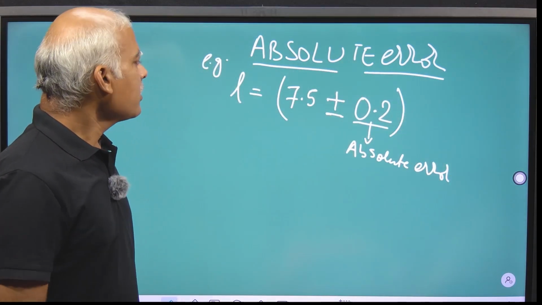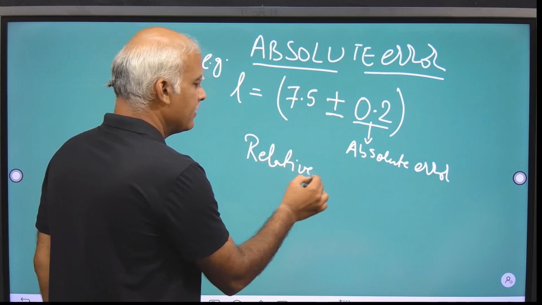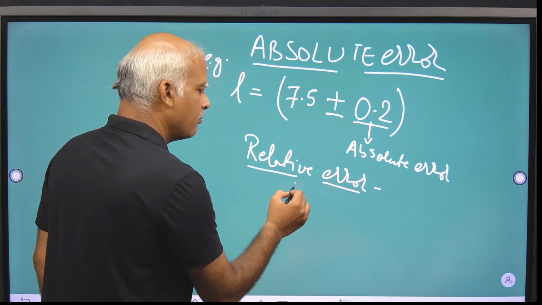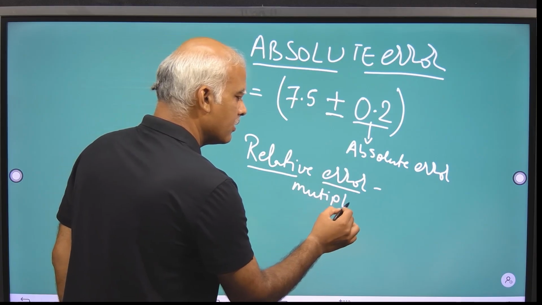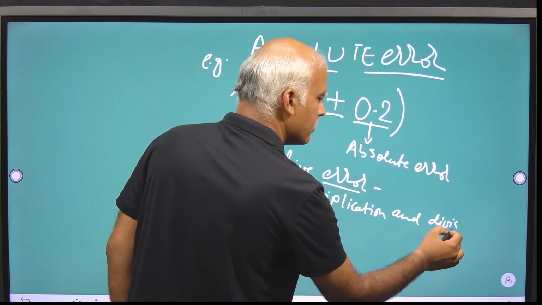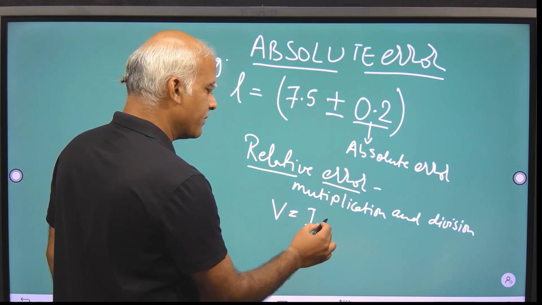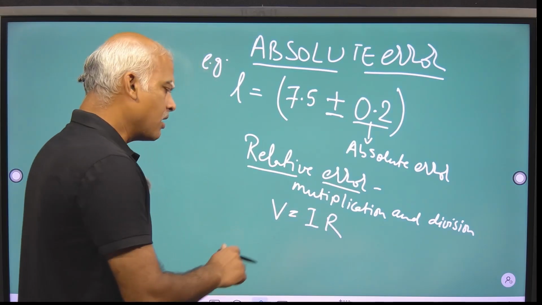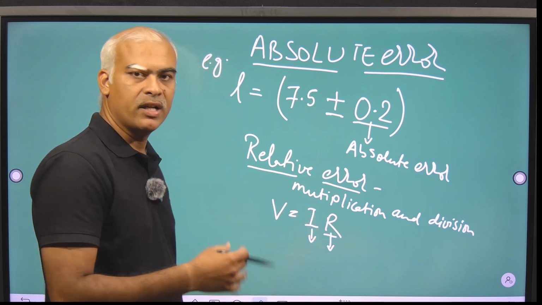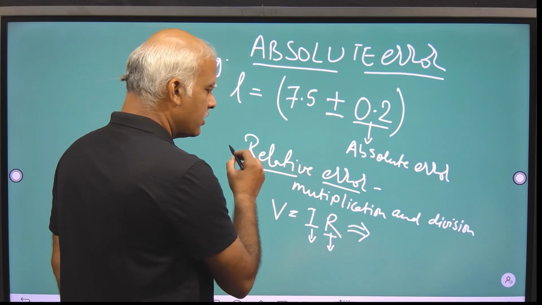Fine. And if I'm saying what is a relative error, then relative error can be defined as that which is in terms of multiplication and division. So according to Ohm's law, if I'm getting V equals I into R, and it is asked that there is an error in the measurement of current and the measurement of resistance has a certain error, so these errors can be added in the form of relative error.